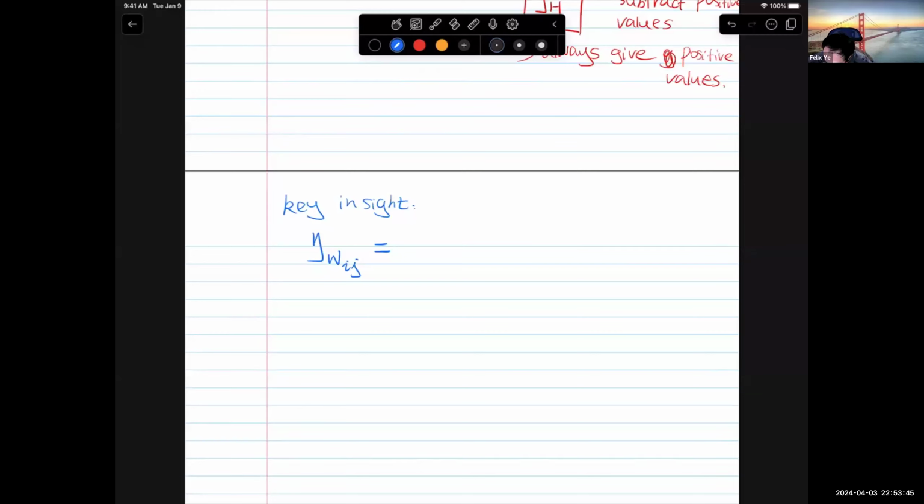If I set the learning rate as wij divided by lambda wij plus WH transpose H of ij, that means this is an entry-wise, or element-wise, adaptive learning rate.